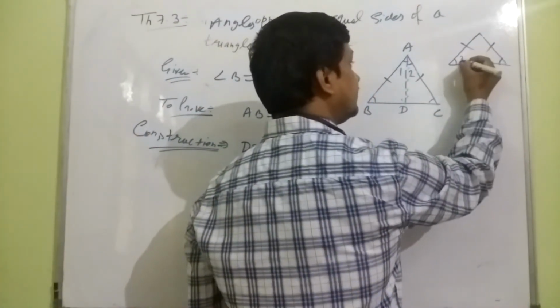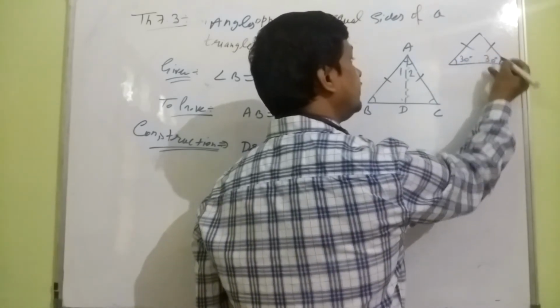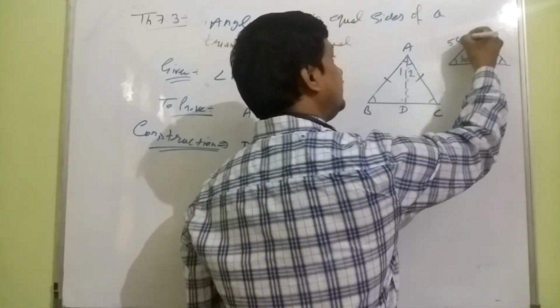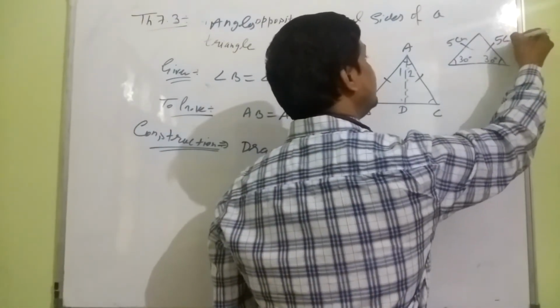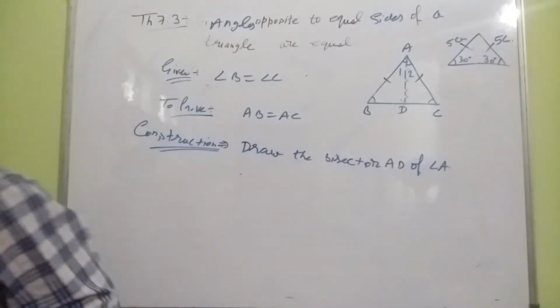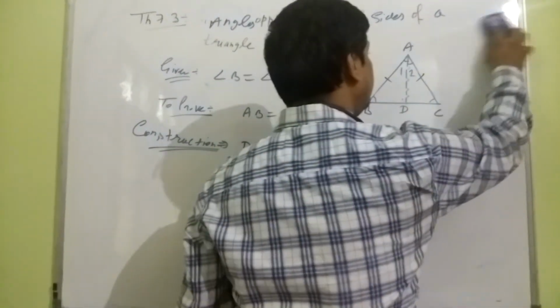Suppose this angle is 30 degrees and this angle is also 30 degrees, and this side is 5 centimeters, then this side will automatically be 5 centimeters. This is the theorem which we have to prove.